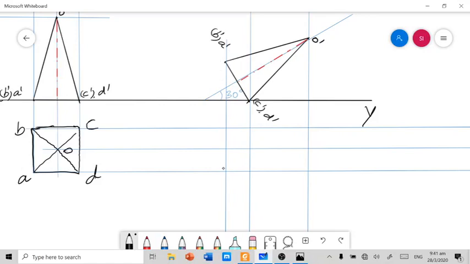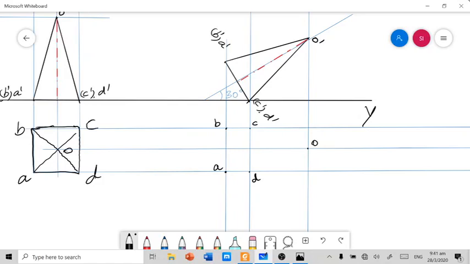I can log here as A. For your understanding purpose, I am marking points in the cut, and point B, B dash can be marked here. Point C, C dash here. Point D, D dash there. And finally O, O dash here.